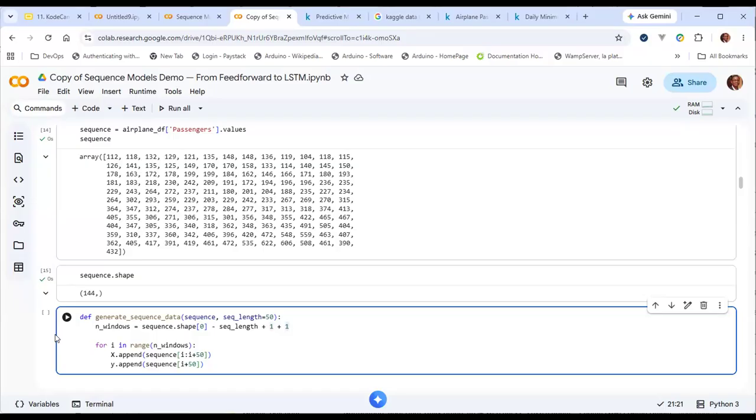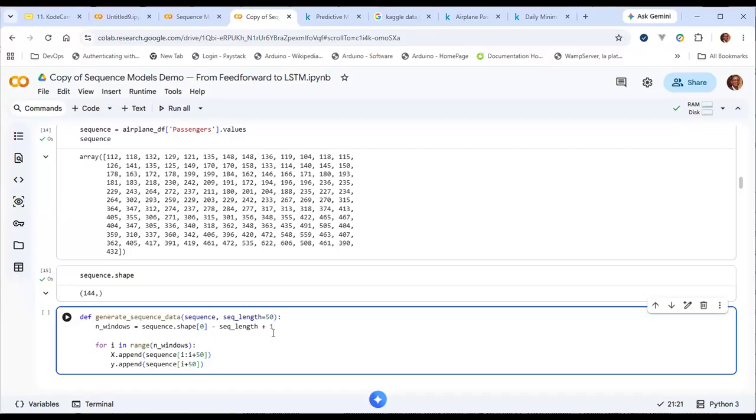So why is it plus 1 plus 1? The first plus 1 is because this sequence length is the number of x. But we actually need, we cannot start from the end; it has to include y in that sequence.